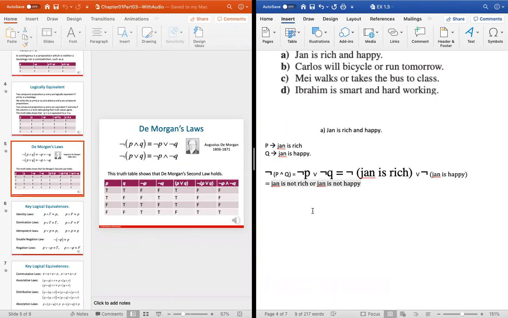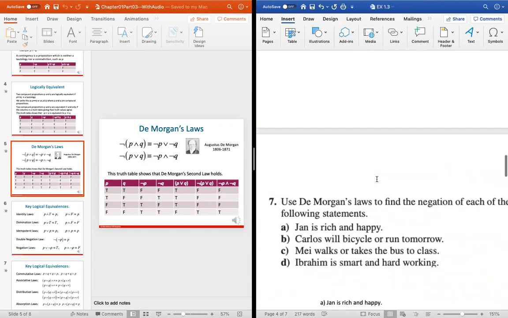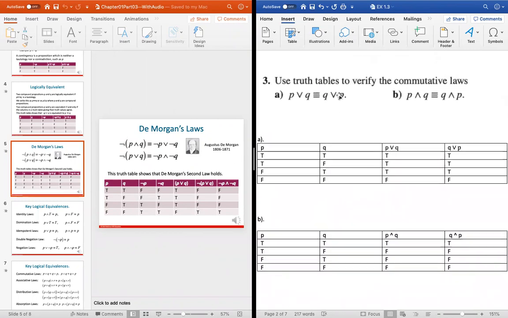Can you also write Jan is not rich nor happy? Yes, exactly. Just like we proved here that ordering doesn't matter, we can replace P or Q with Q or P. So let's say this is Jan is rich and this is Jan is happy. We can just reverse the order. This is the commutative law.